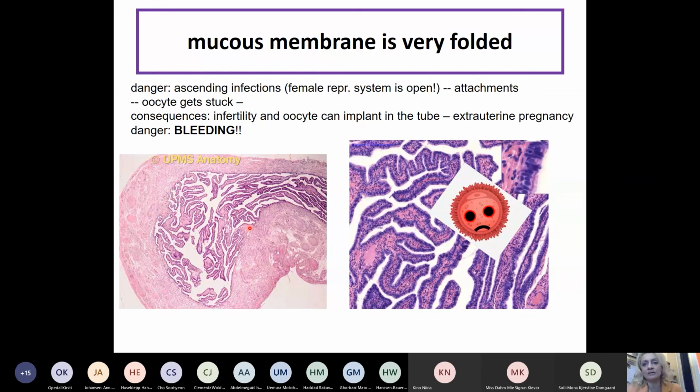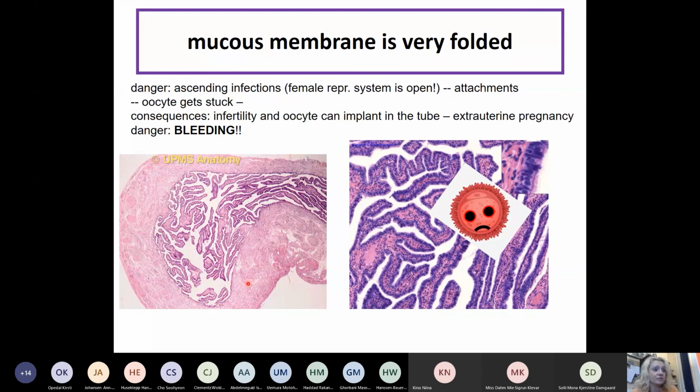As I said, the blood supply is excellent, and the beginning of the development can be in the uterine tube wall, and this can lead to very, very severe life-threatening bleeding. Of course, no pregnancy can go to term in the uterine tube wall.